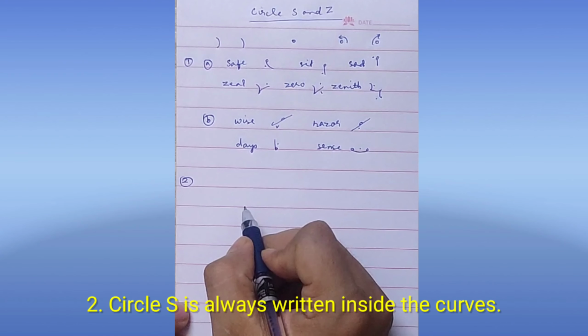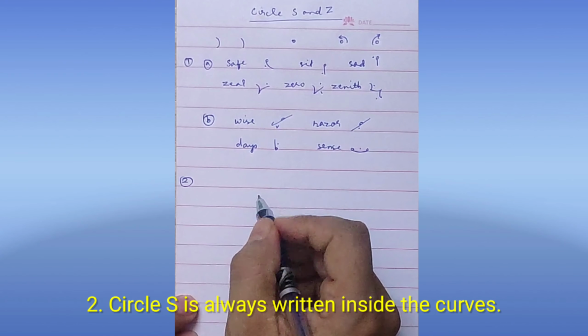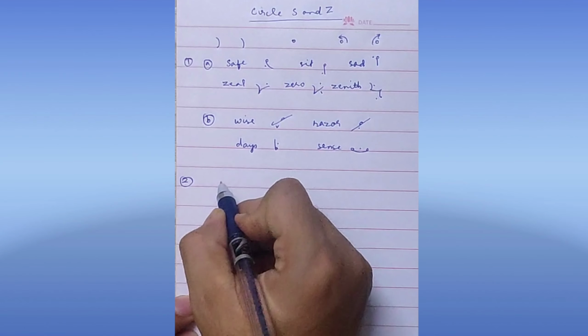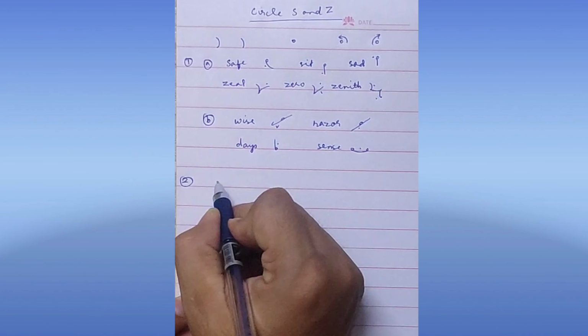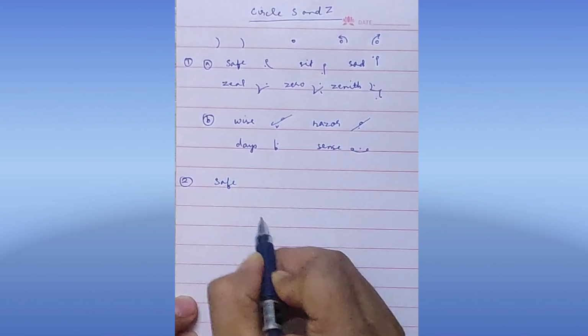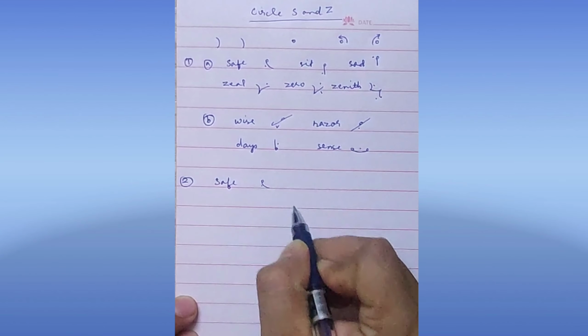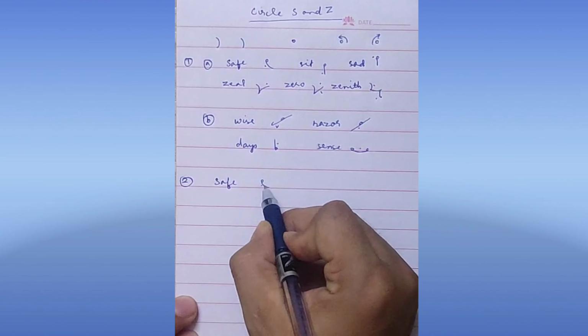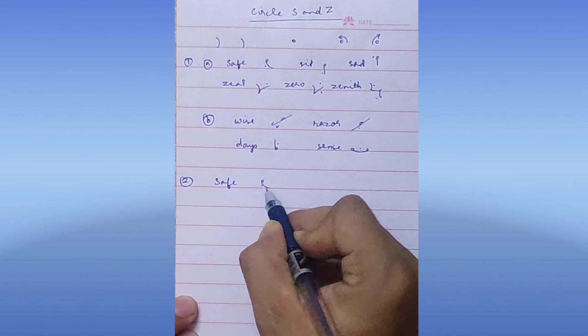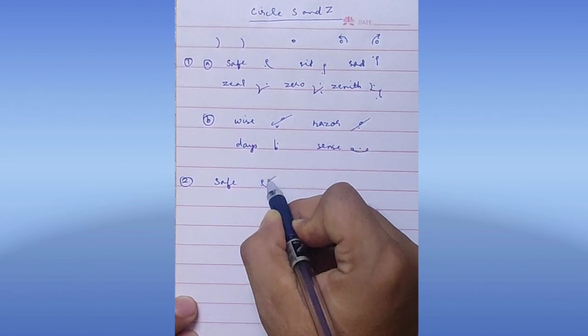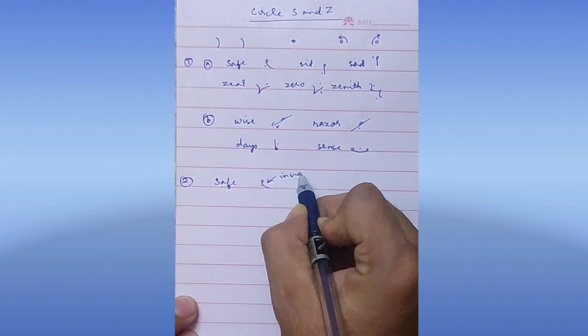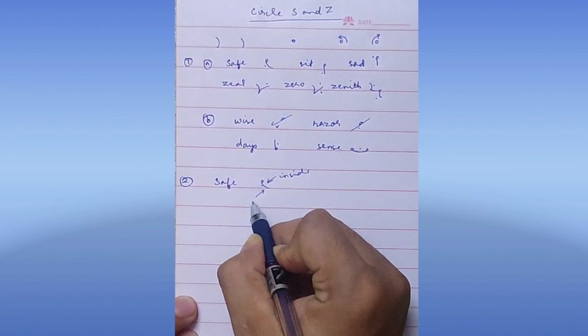For point number 2, circle S is always written inside the curve. Safe, S-A-F, safe. This is the curve, and this side is the inside, this is the outside.